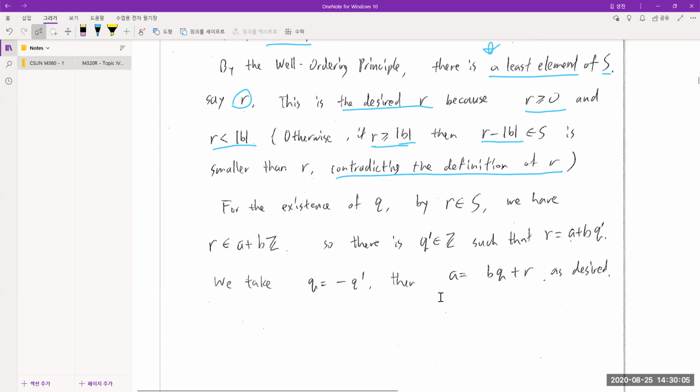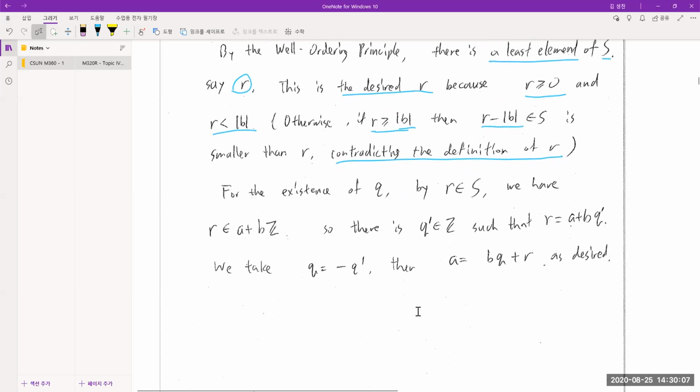For the existence of Q, by R is in the set S, we must have R is A plus B times an integer. So there is an integer Q prime such that R equals A plus B Q prime.